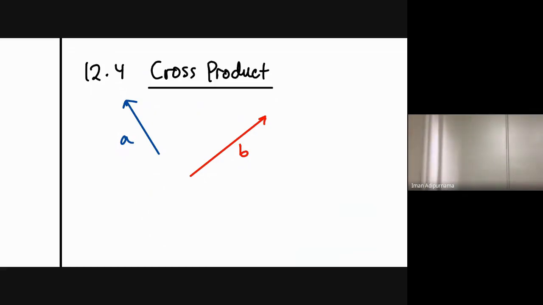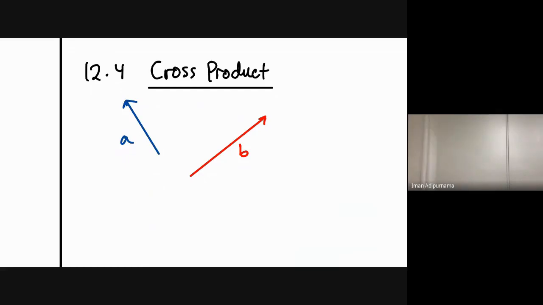Okay, so remember that we have the idea of the right hand rule. So if we are having these two vectors, if we are trying to cross this, right? If you remember, then there will be one vector that's perpendicular to both A and B. That's the idea.